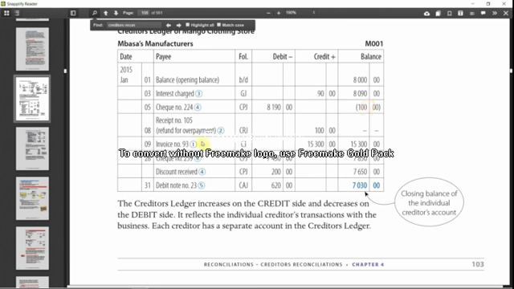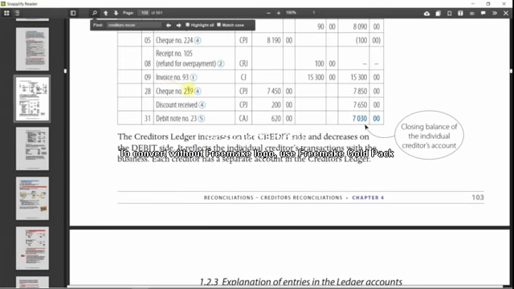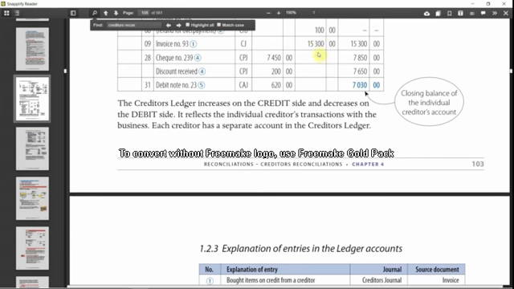When we purchase stuff on credit, it means that we will have an invoice that we receive from the supplier. We will record it in our creditor's journal, and we will owe more, so we will credit the account of that creditor, and our balance will increase.